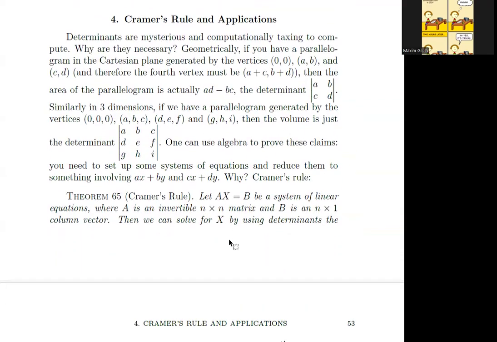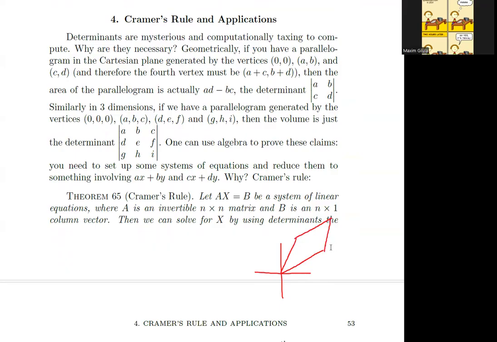Let's talk about Cramer's rule and other applications of determinants. For now, it's pretty mysterious what these are and why we're just defining them. But here's something interesting. So geometrically, if you have a parallelogram in the plane, once two sides are defined, the other two sides are also defined.